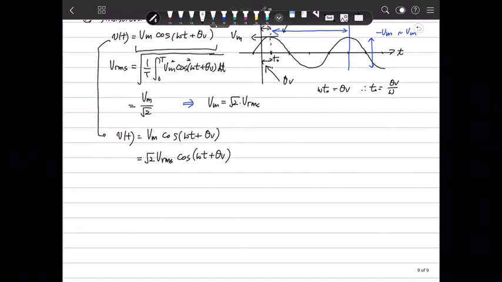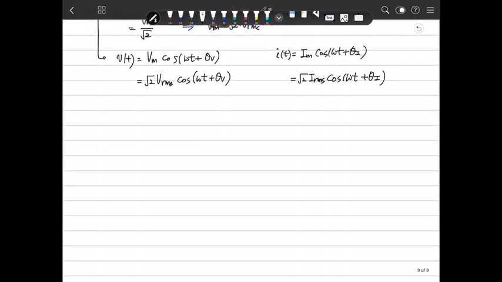In the same way, if we represent current i(t) as Im, the magnitude, cosine omega t plus theta I, then this can be represented in RMS values: root 2 I RMS cosine omega t plus theta I. So we have several representations of the voltage and current in this manner.